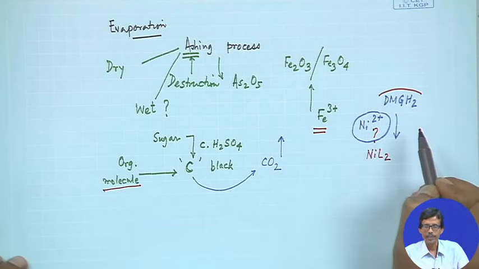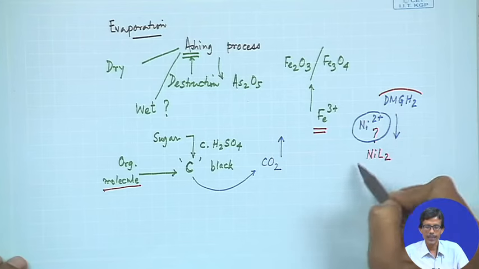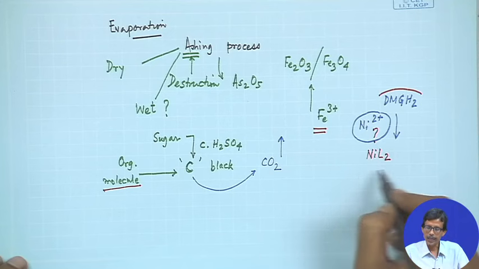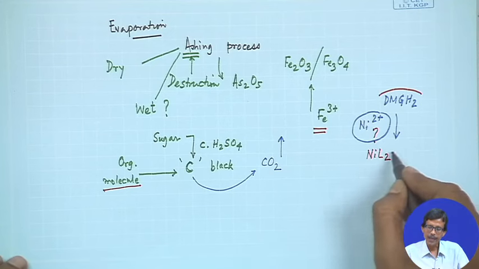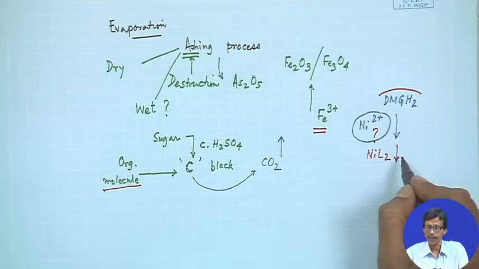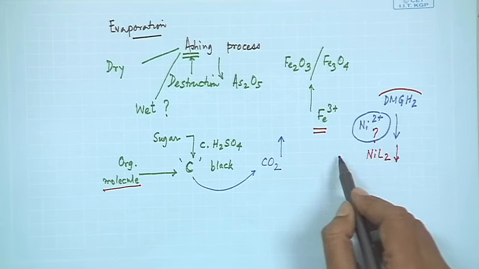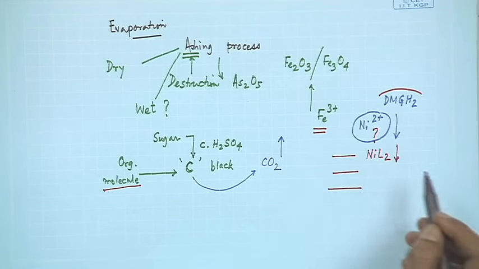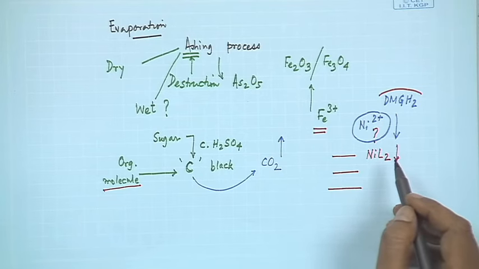We call it DMG, the organic chelating agent, which binds nicely with NiCl2 salt or Ni2+ to give a pink-red precipitate coming out from the solution, which is insoluble in water. So, this gives rise to several opportunities for analysis of nickel by this technique.